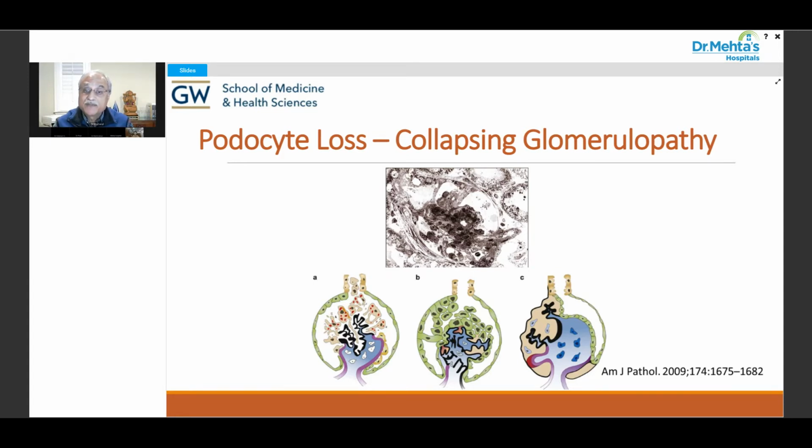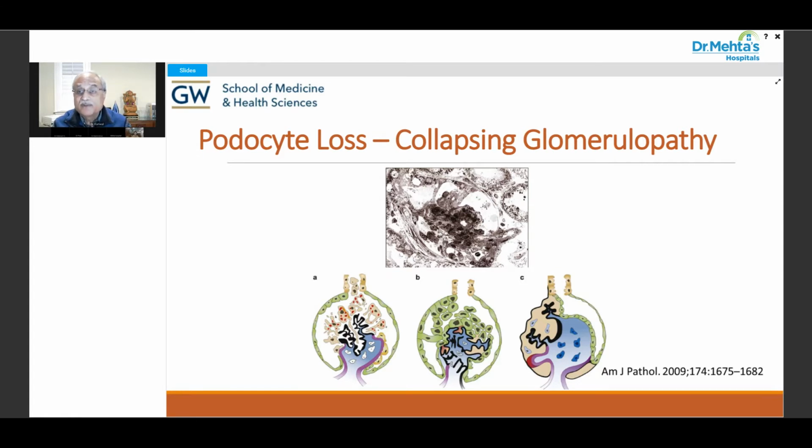Then the second step is invasion of the parietal epithelial cells into the Bowman space, attempting to bridge the injured or exposed GBM. And this process will not succeed because there's an intense degree of inflammatory response, and eventually all of this is going to lead on to sclerosis or glomerular cell death.